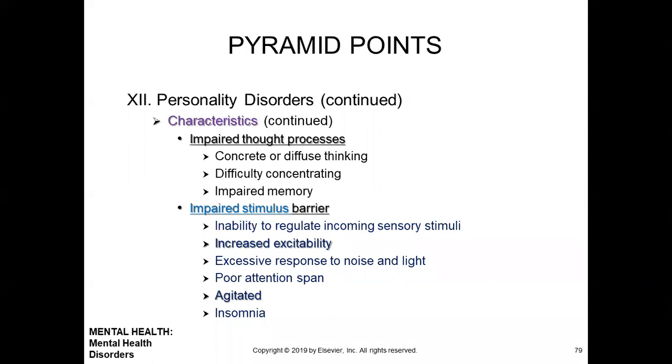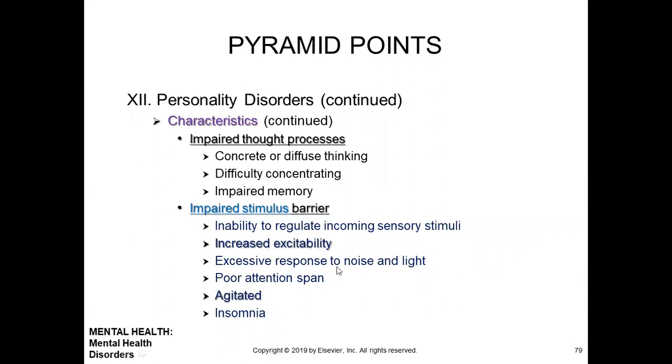What next? Impaired thought process, like diffuse thinking or difficulty concentrating, impaired memory. Also impaired stimuli barrier: inability to regulate incoming sensory stimuli or increased excitability.